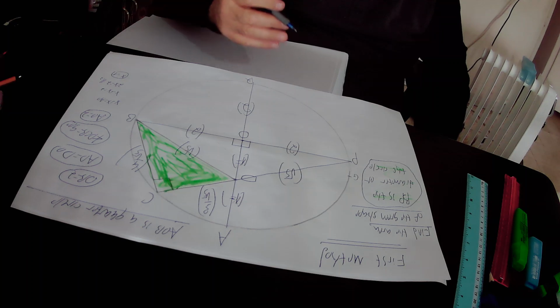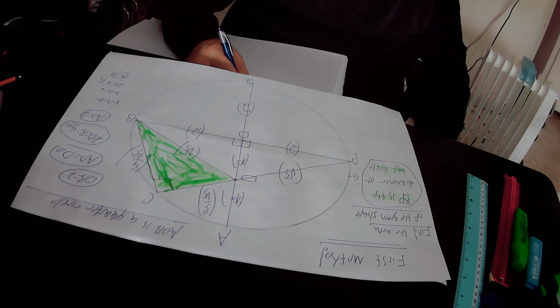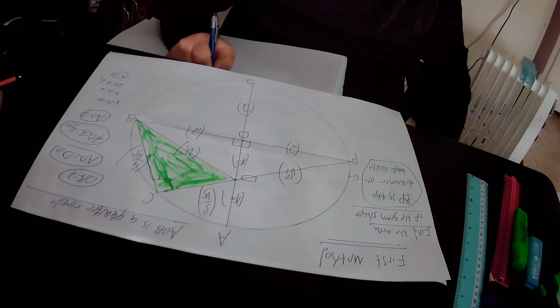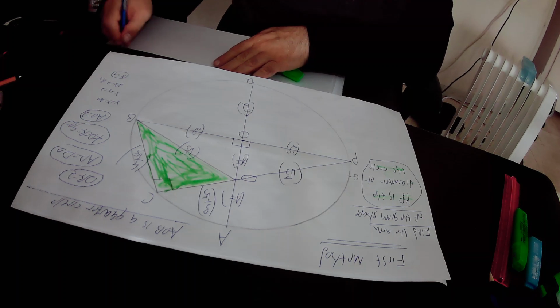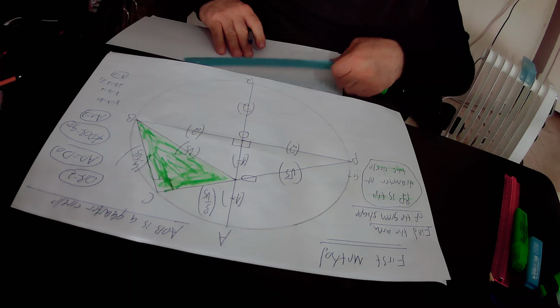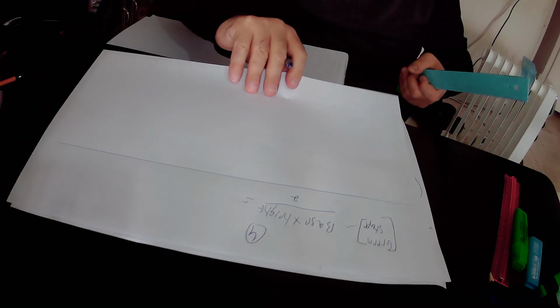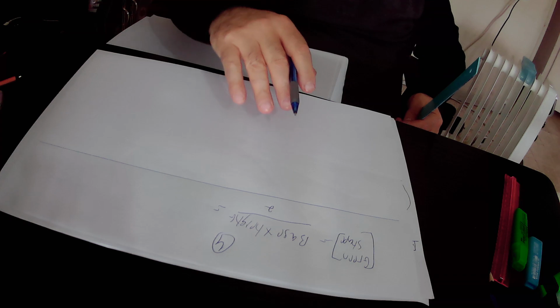The area of the green triangle equals the base of the triangle times the height to the base over 2. Repeat again, the area of any triangle equals the base times the height to the base over 2.